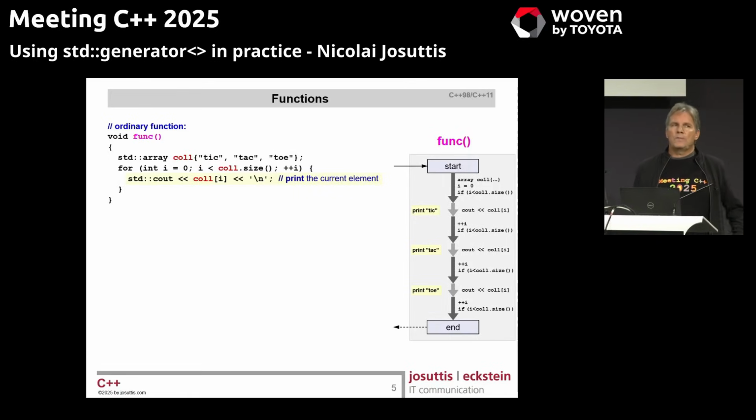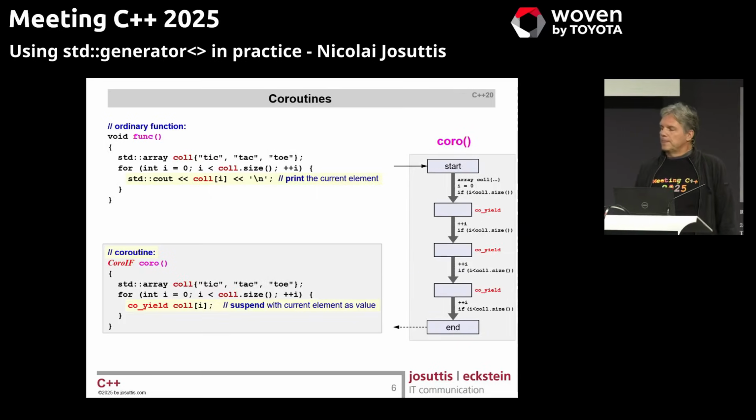Now let's convert that to a coroutine. Here it is. You don't see many changes, especially in the code, only in the comment, where you see that this is a coroutine. You just see that the body of the function has changed, and there's a return type now.